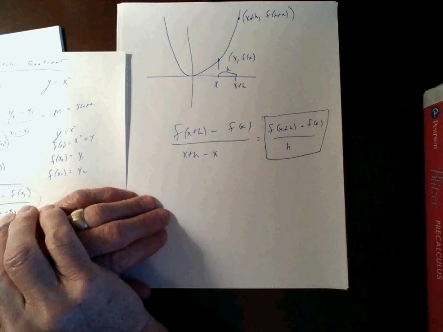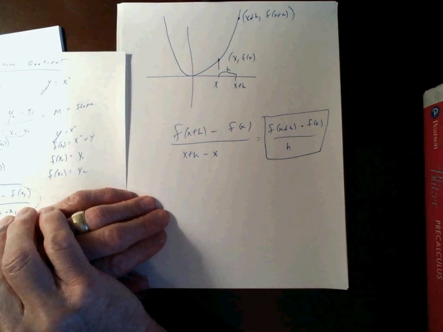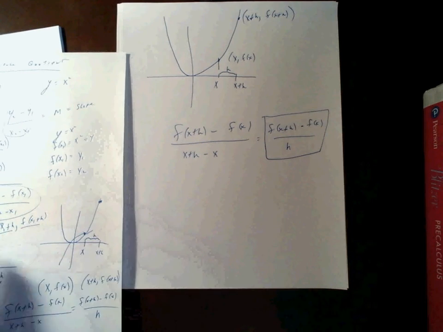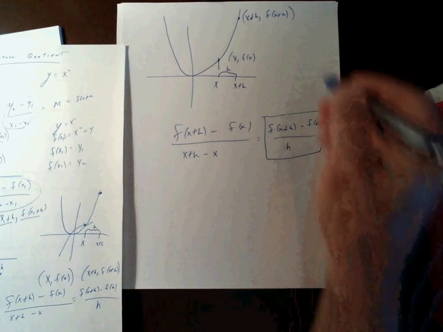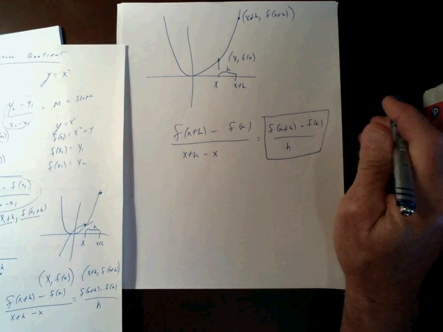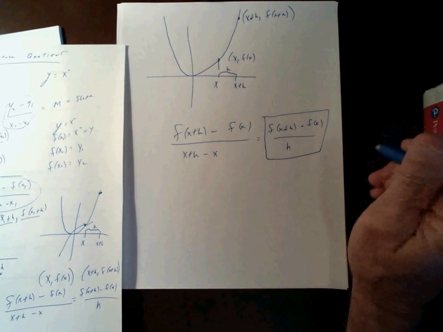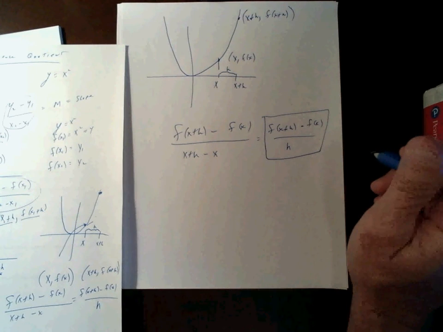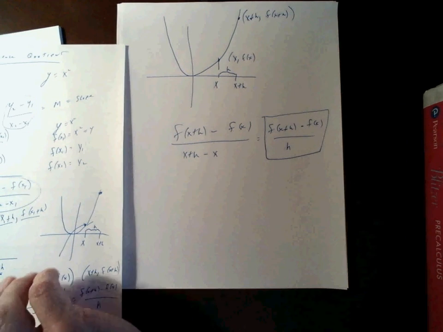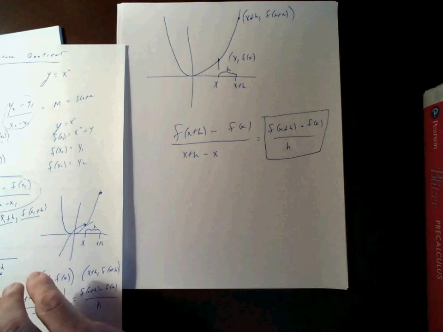Change of y over change of x, it's the difference quotient, and it's also the slope between 2 points. And that's what we've got to take from here. So what we've done here is we've actually derived the difference quotient. So all we did was find the slope between 2 points. That's all the difference quotient is.